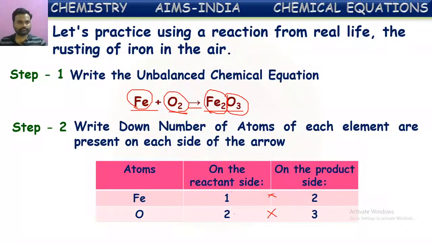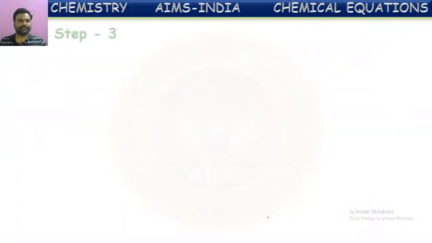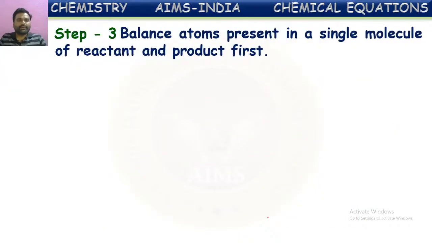So let us go to the next step. Here, balance the atoms present in a single molecule among reactants and products first. The atoms which exist singly in the chemical equation, let us try to balance those first. In the equation Fe plus O2 gives Fe2O3, we have seen that iron atoms exist singly. So let us start balancing this equation from the iron side.